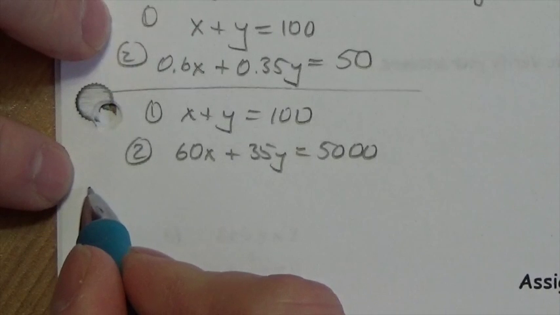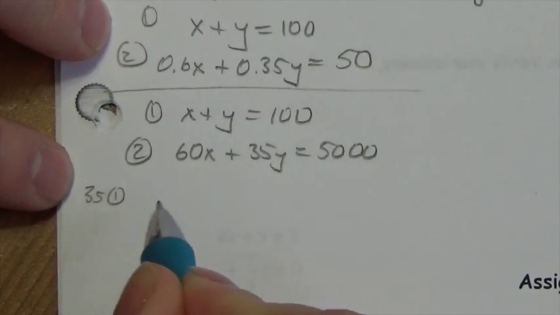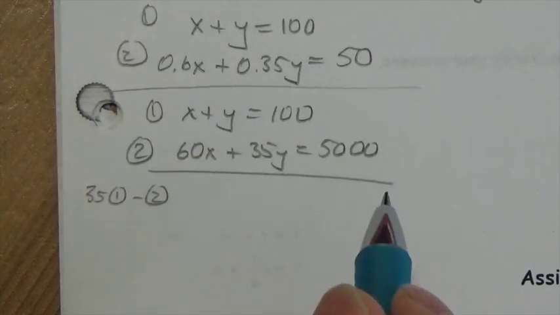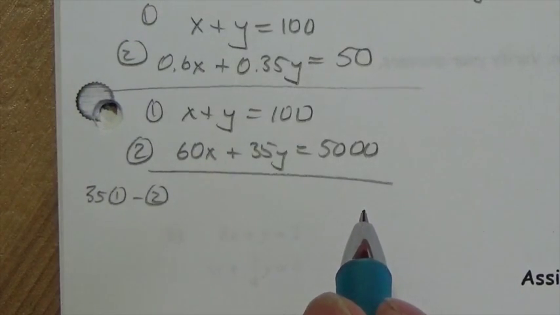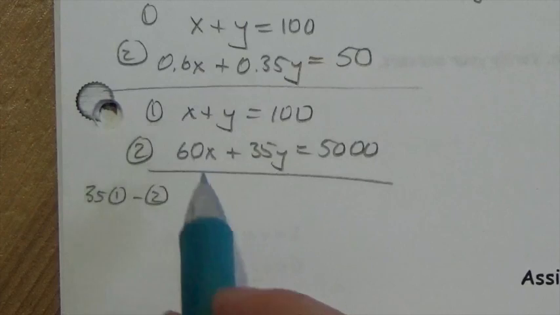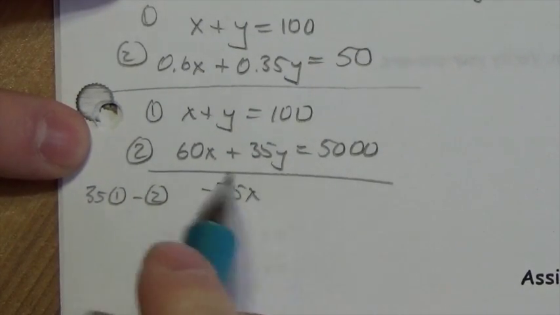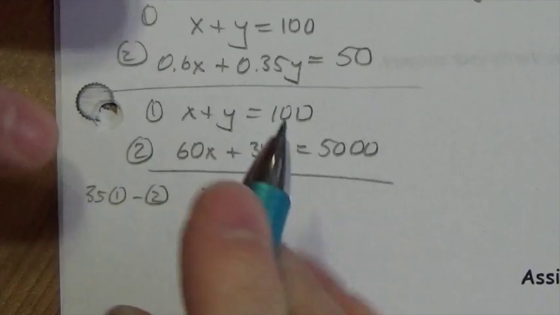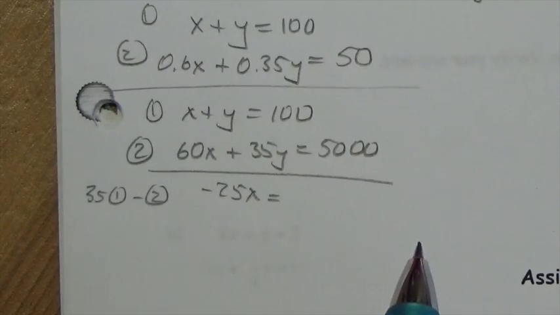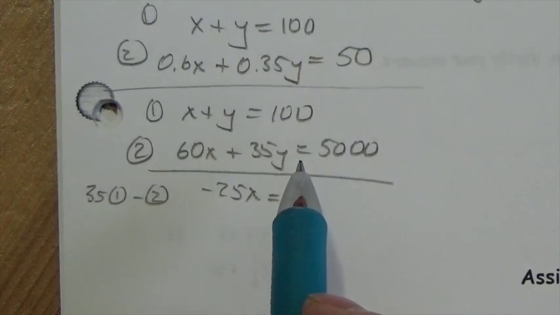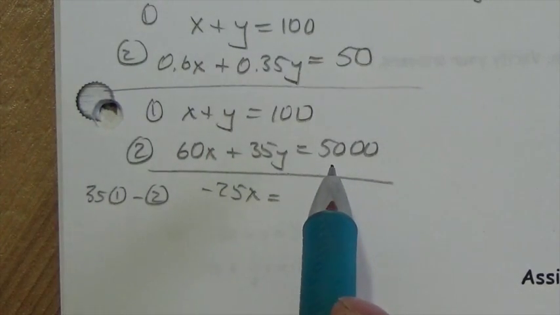So we'll take 35 times equation 1 and subtract equation 2 from that. 35 minus 60 is negative 25x. 35 minus 35 goes away, that's exactly what I wanted. 35 times 100 minus 5,000.